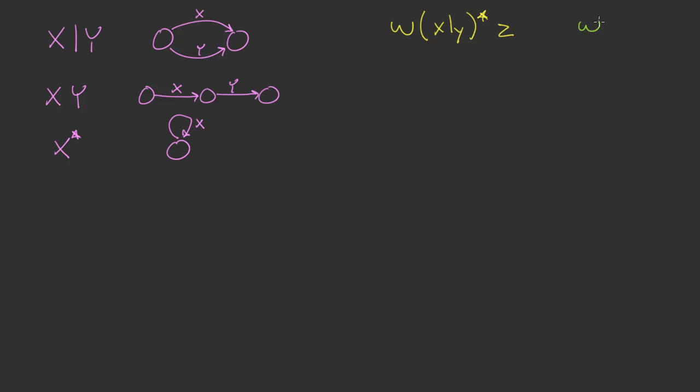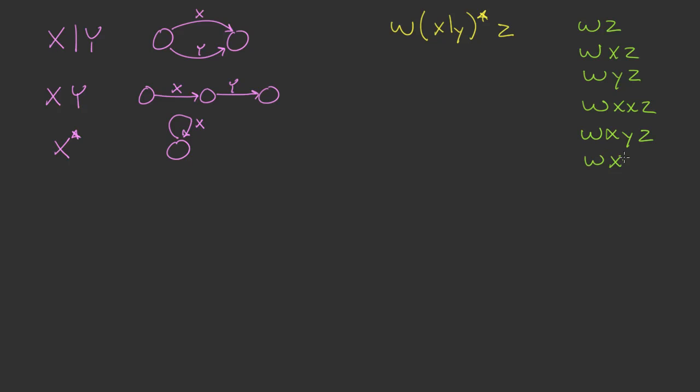We got WZ, because we have 0 or more of this thing in the middle. We have WXZ, for example, WYZ. How about WXXZ? That should work too, because we can go W and then pick an X or a Y, and then pick an X or a Y again, and then Z.